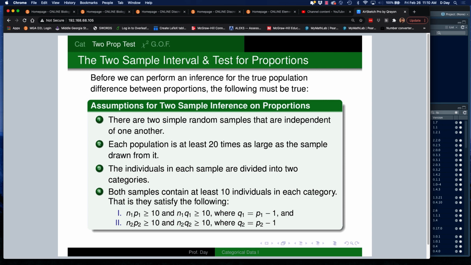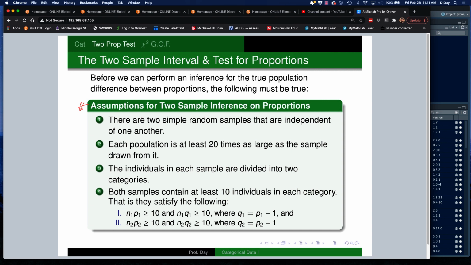So let's get right into the two sample interval and the test for proportions. So the assumptions that we usually have for every test or confidence interval are pretty much similar to what we've seen before, except for now we're dealing with two samples rather than just one sample.